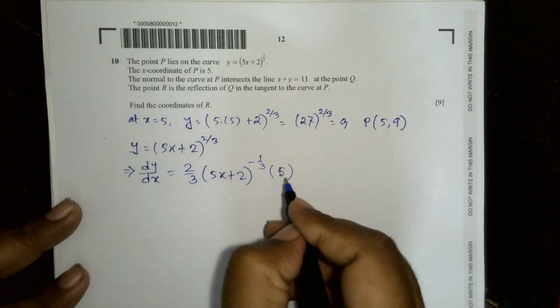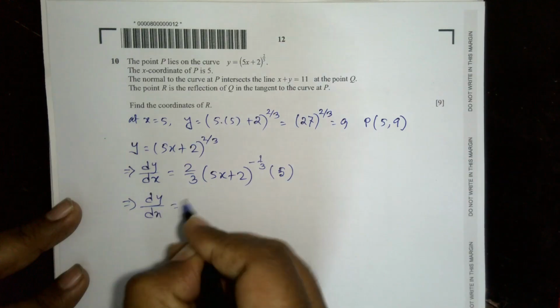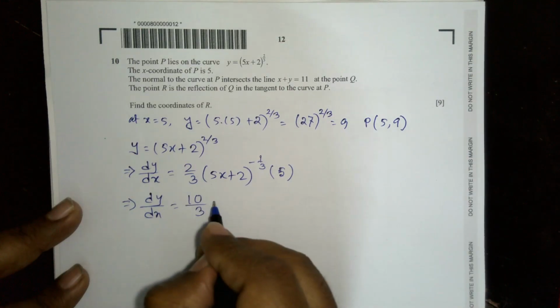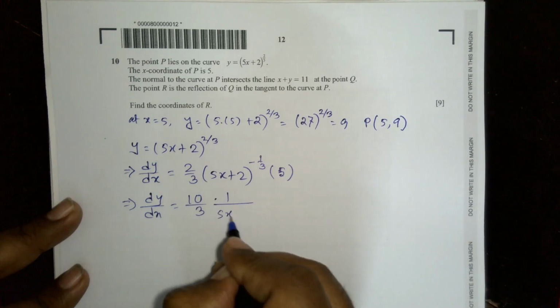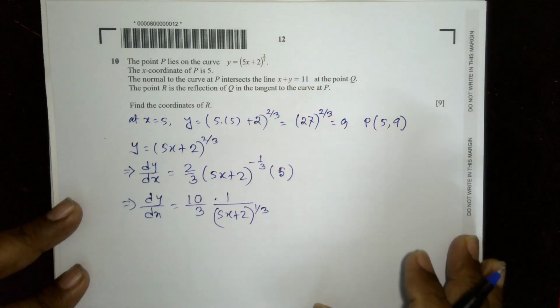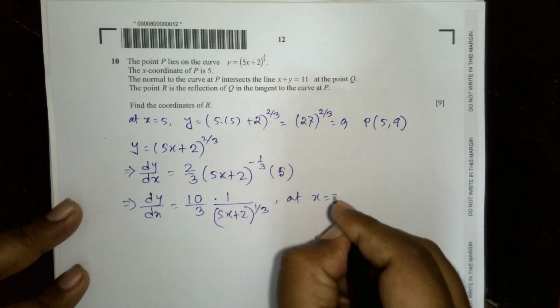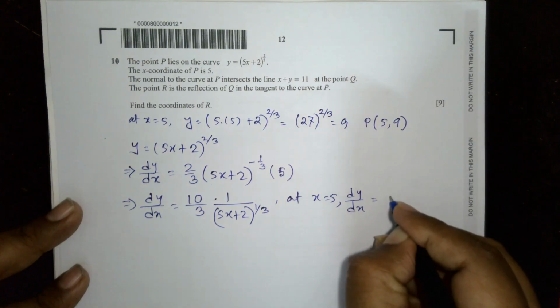So finally dy over dx is 10 over 3 times (5x + 2) to the power minus 1 over 3.